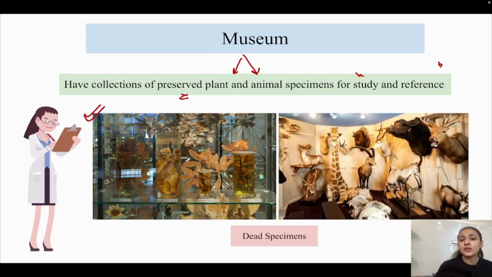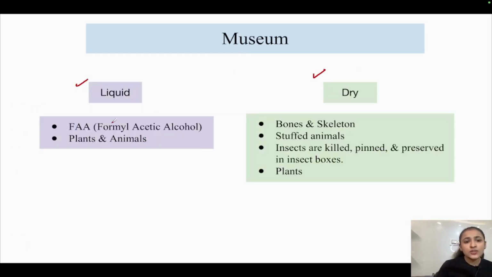This is not water, this is a preservative solution, which is known as formyl acetic alcohol. We can also call it formalin. So this is a preservative solution in which the specimens are preserved. Liquid preservation is done both for plants and for animals.